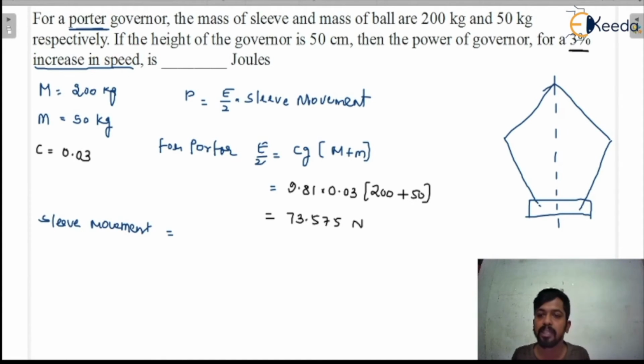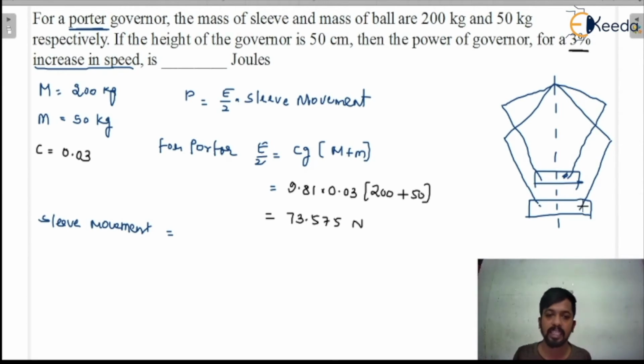If there is an increase in the speed, the sleeve movement would be 2h multiplied by 2c upon (1 plus 2c). I am considering the plus sign because there is an increase in the speed.